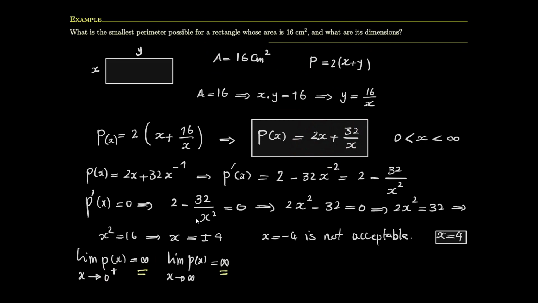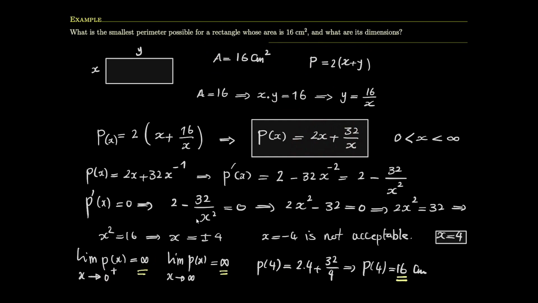And then I also have to calculate p of 4. So if I calculate p of 4, it becomes 2 times 4 plus 32 over 4. So p of 4 is equal to what? 8 and then 8, 16 centimeter. So this is another number that I get.